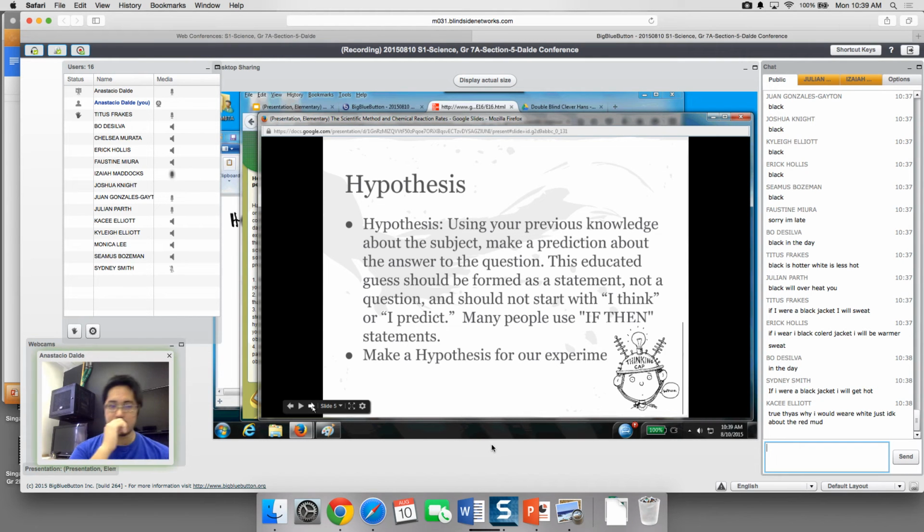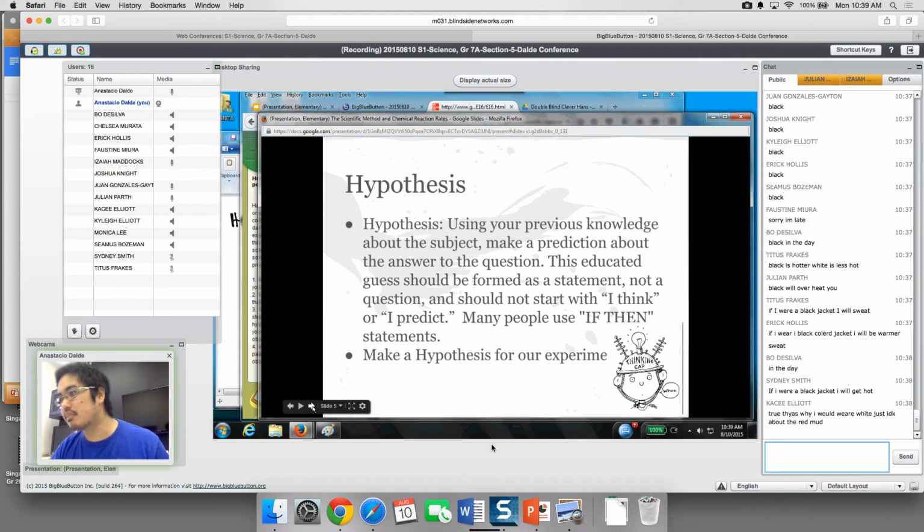Okay, Juan, give me your guess. The darker the jacket, the more heat it attracts. Okay, and I want you to give it to me in an if-then statement, because what we're doing is creating a hypothesis for our experiment. We're giving our guess. We're saying, this is what we think will happen.